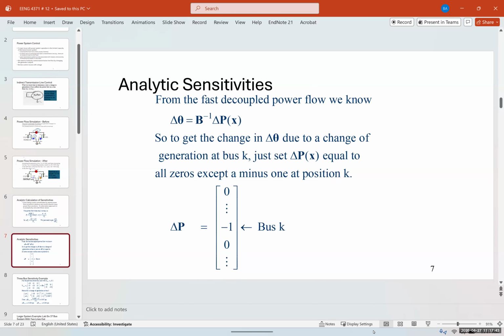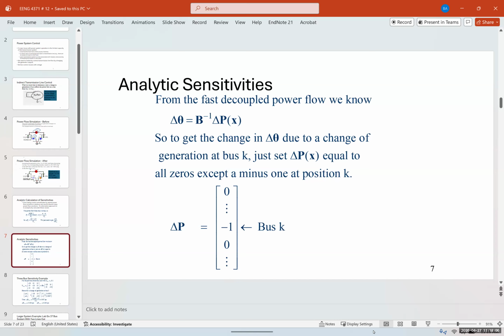We use the DC power flow model, which you already learned about in the previous lectures. The key matrix is called B prime. As you may recall, the B matrix is the susceptance matrix.